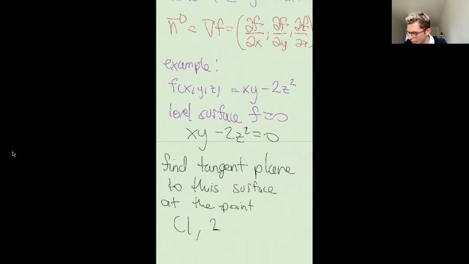One, two, one. So the point has to be given to you. This is why I'm saying that the choice of the point is less crucial here.